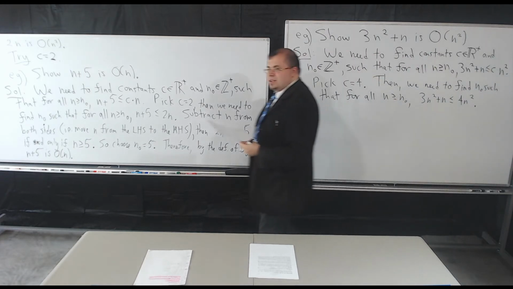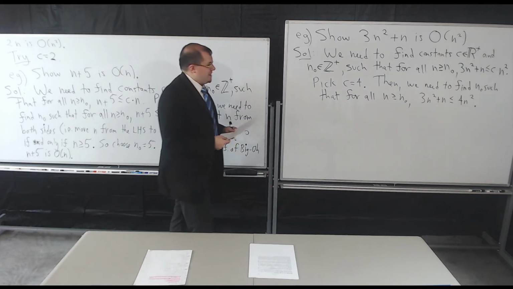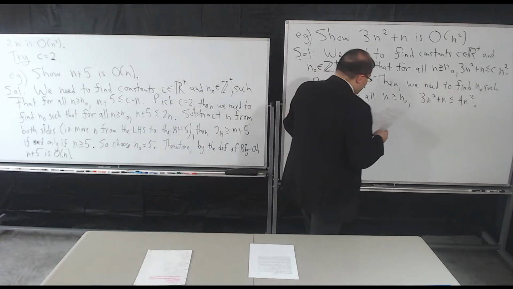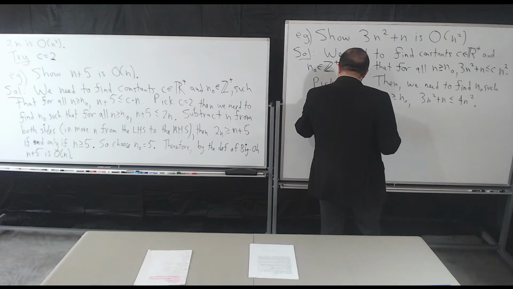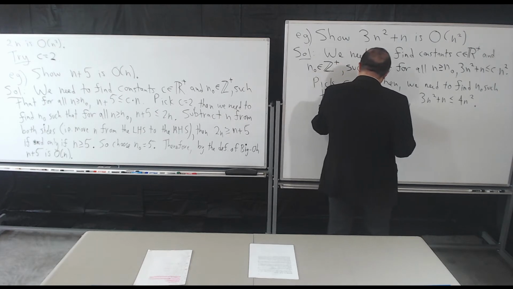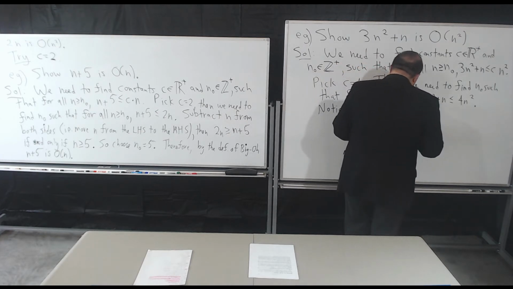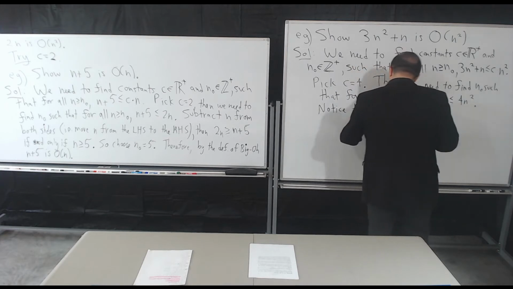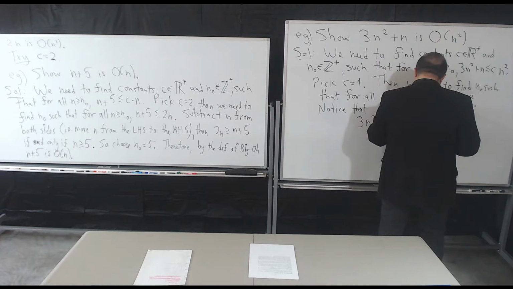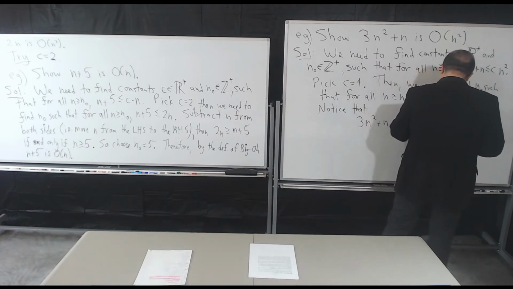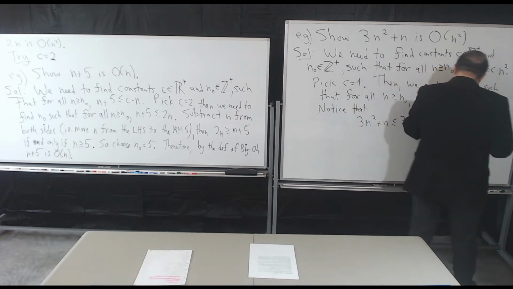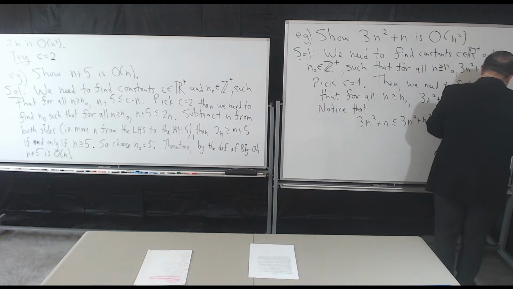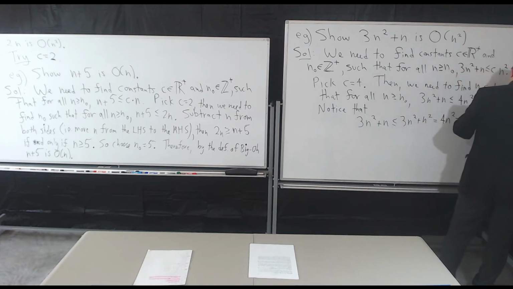So now here's how it's going to generalize really nicely for us. Notice that, and remember this is my justification, you can't just omit this. Notice that 3n squared plus n is less than or equal to 3n squared plus n squared, which is equal to 4n squared, which is equal to cn squared, right?